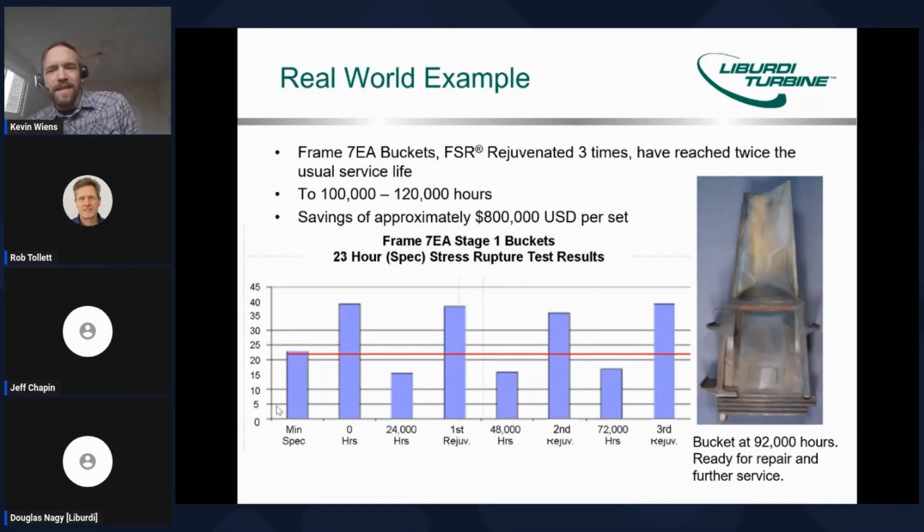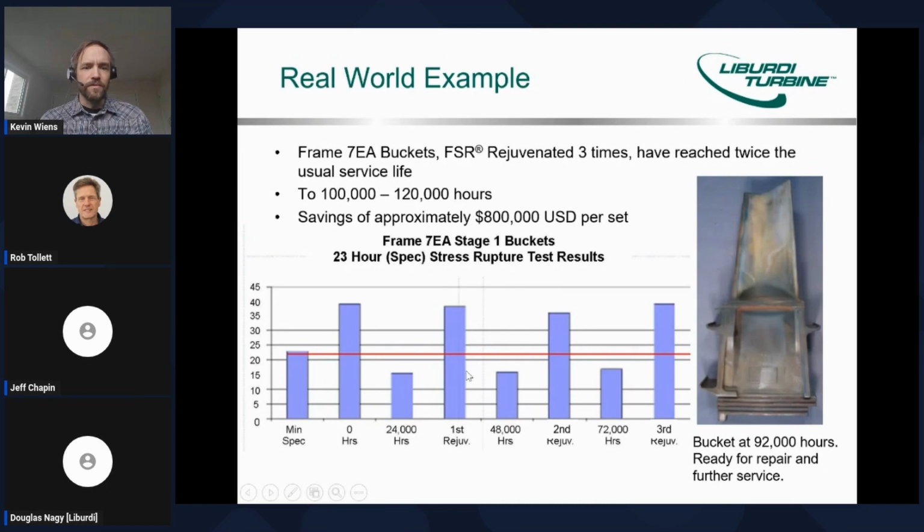You can see another case study of a 7EA bucket, which was rejuvenated 3 times. Again, this is somewhat dated. Since that time, I believe this set has actually gone through a 4th cycle. But you can see over time, we're getting actual measurable reduction in strength with service, and then successful reestablishment of the properties with each rejuvenation cycle.